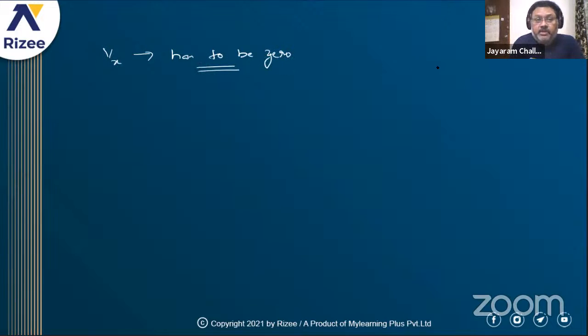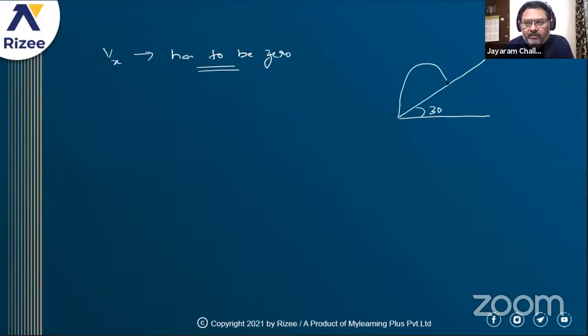I'll redraw the diagram here again. This angle is 30 degrees and it is falling perpendicular to the plane like this. So the velocity along the x-axis is equal to 0 after the time of flight, after time t.